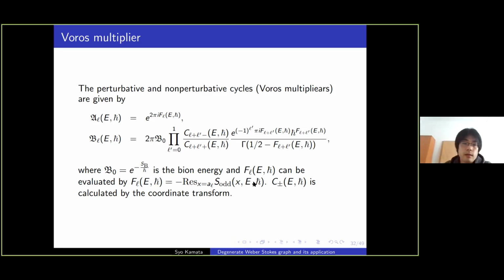Okay, so as I said, from the definition of the A cycle and B cycle, we take this form. And now this B0 is the bion energy here. And also there is some quotient C and F here.